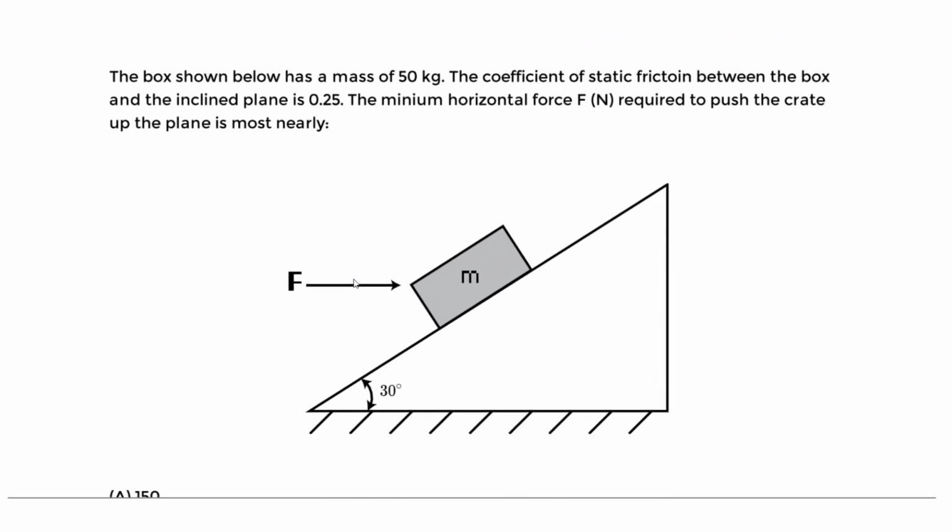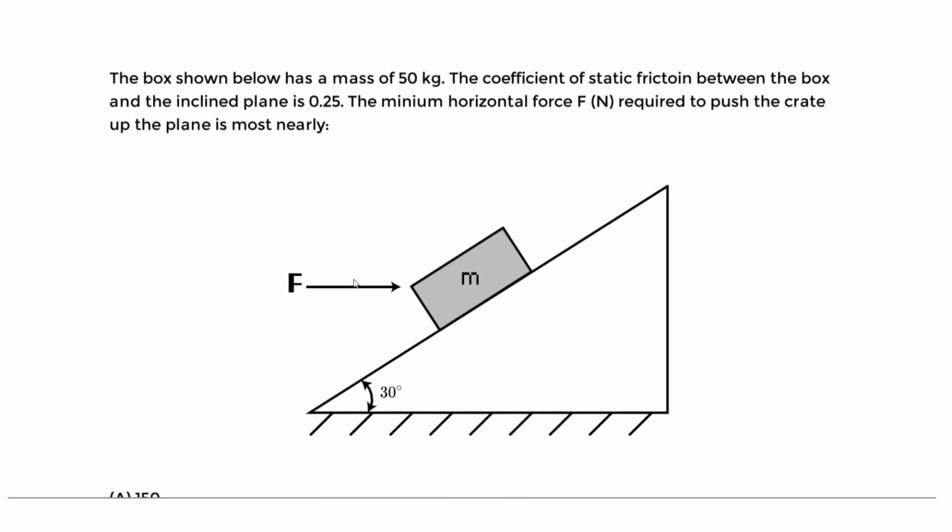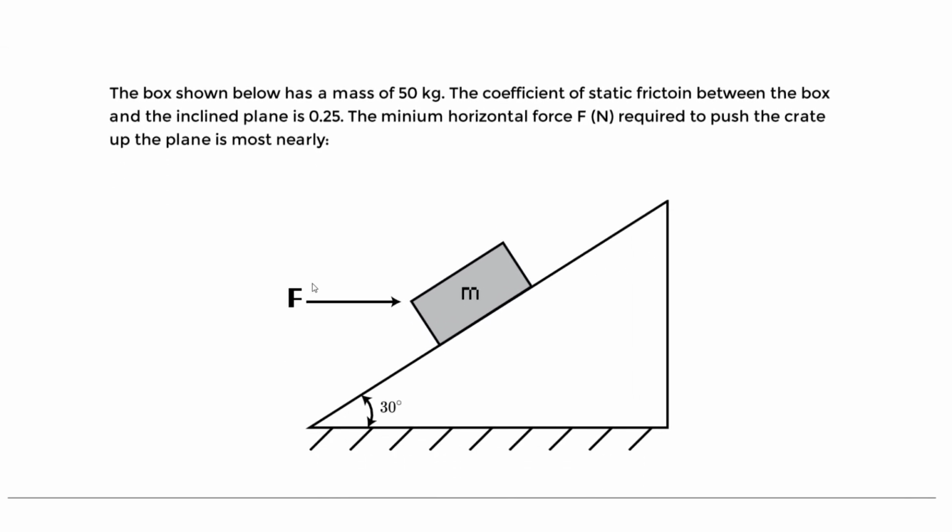So now for you, so obviously this took too long, but for you, can you find the minimum horizontal force, F, required to push the crate or the box up the plane? So in this case, you want to find the force that pushes the box up the plane. So that means the motion of this box is going up, right?